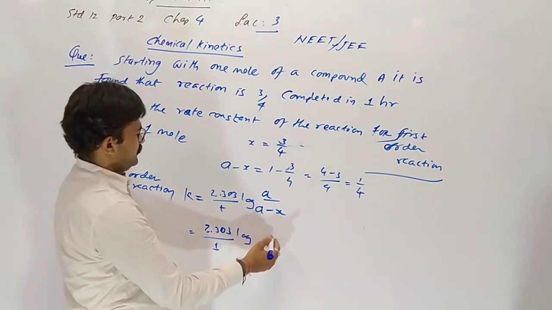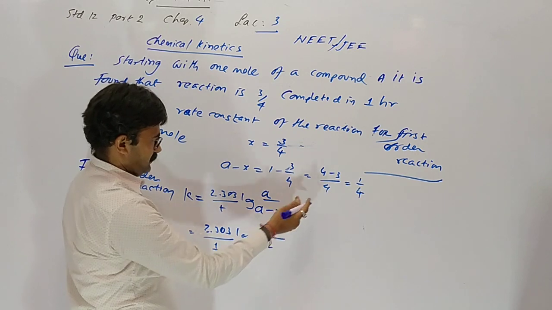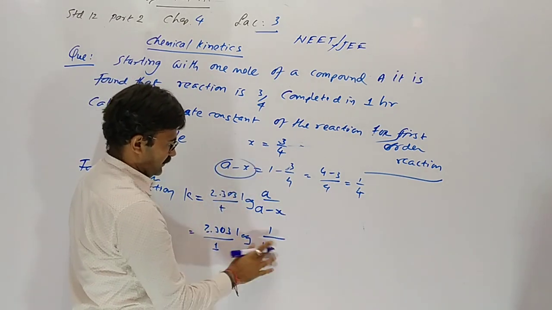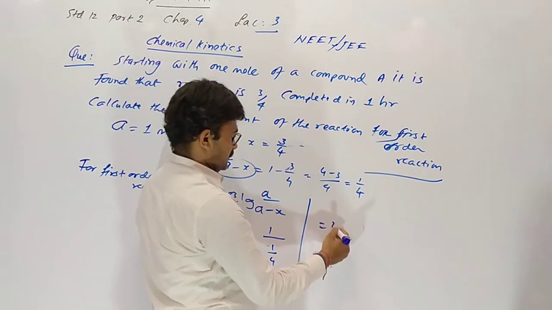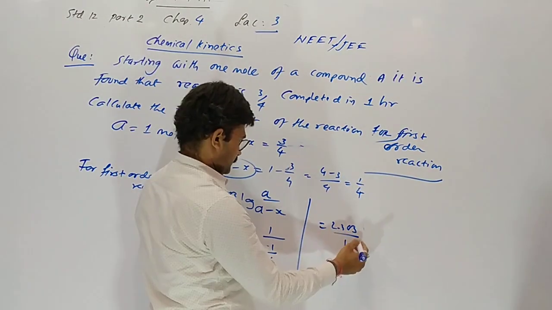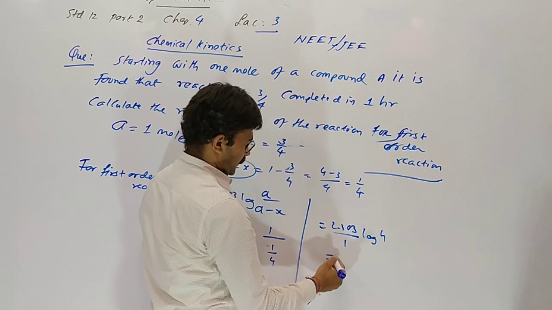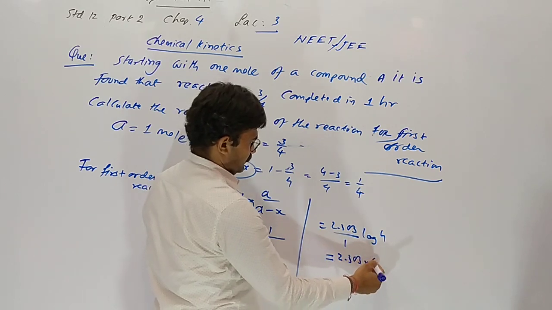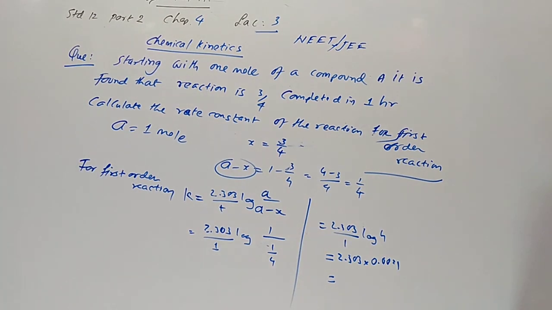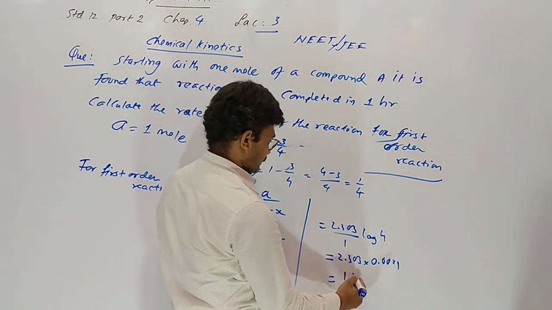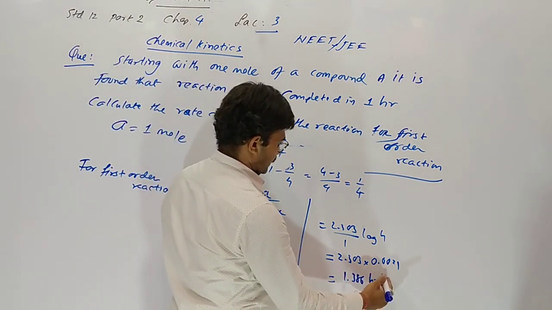Log 1 upon a minus x, directly 1/4, so 4 comes up. Value of log 4 we know, 0.6021, and multiplication of it comes 1.386 hour inverse.